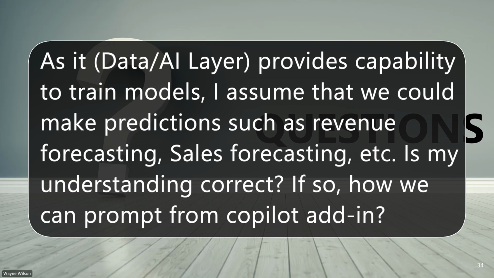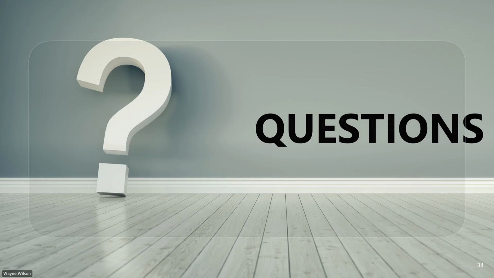We do not train any of the models, right? So right now we use a version of GPT-4 that is called from CAPI, but we do not support any training, nor do we provide any training data. With respect to revenue forecasting, in the long-term roadmap there is some notion of looking at forecasting capabilities, but that would be a standalone feature within the application.